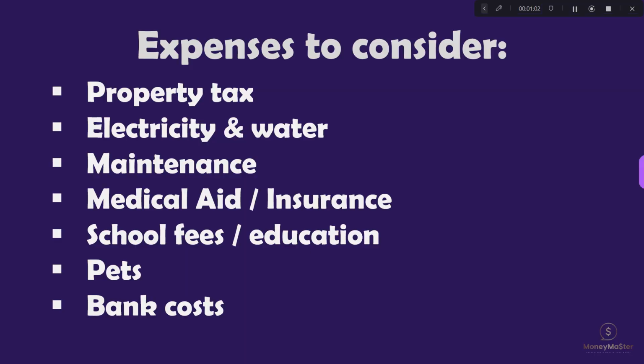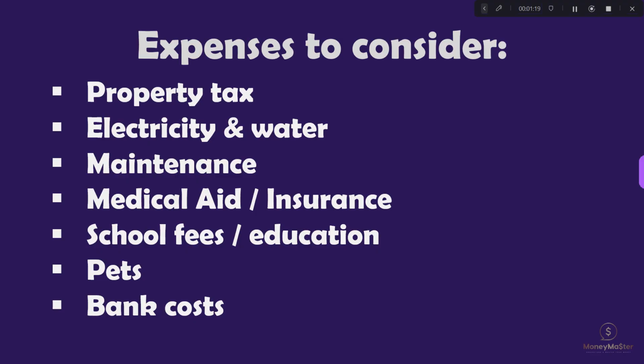Pets. Pets these days cost you quite a bit of money. Pet maintenance, pet grooming, pet medical care, pet clothing these days, a little jacket for winter. Okay, so pets, you must record that they can become quite expensive. And something like bank costs. Remember, you don't get your banking for free.